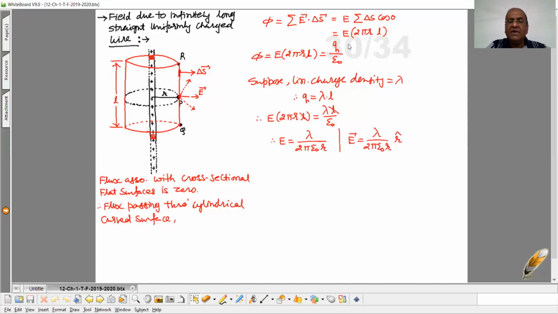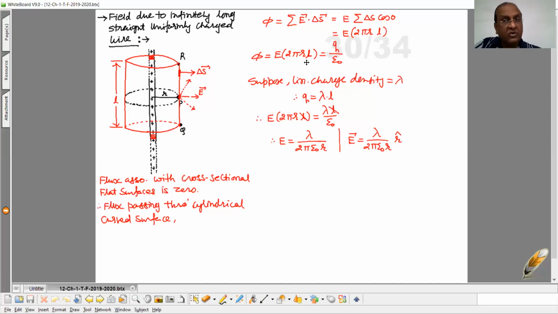So E sigma delta S, that is the summation of the area of each and every element of this cylindrical surface, will give you the total cylindrical surface area, and that is 2 pi r L. So we can write now flux phi is E into 2 pi r L. This one is calculated as per the definition of flux.